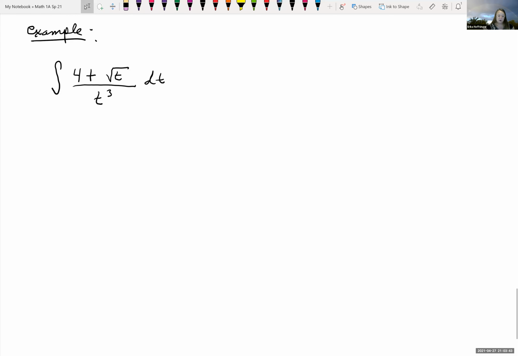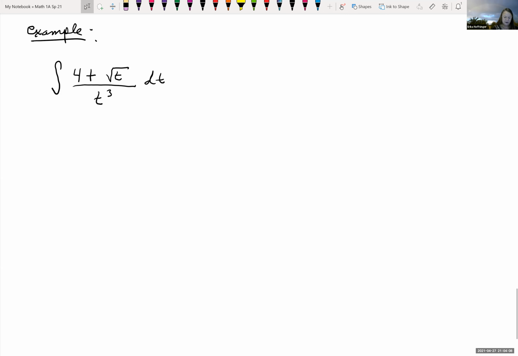So we showed it. So next example, we're integrating. Our indefinite integral is in the numerator 4 plus the square root of t all over t cubed dt. So right now, I don't know how to integrate this, but I can manipulate this so that I can integrate it. Same idea as what we were doing with differentiation.